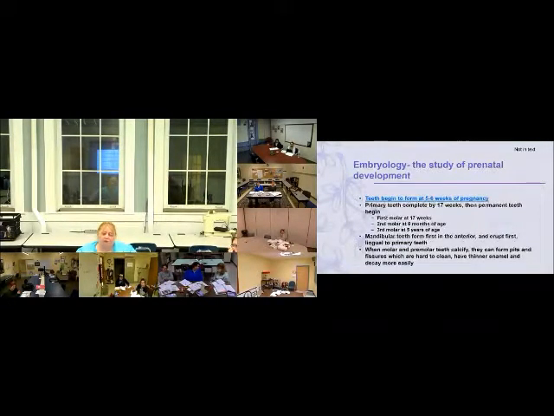Okay. So the first molar at 17 weeks of development, second molar 6 months of age, third molar 5 years of age, and most of this is just interest rather than exam material. And then to help us understand the whole picture, the mandibular teeth form first, and they begin in the anterior, and they erupt first as well.